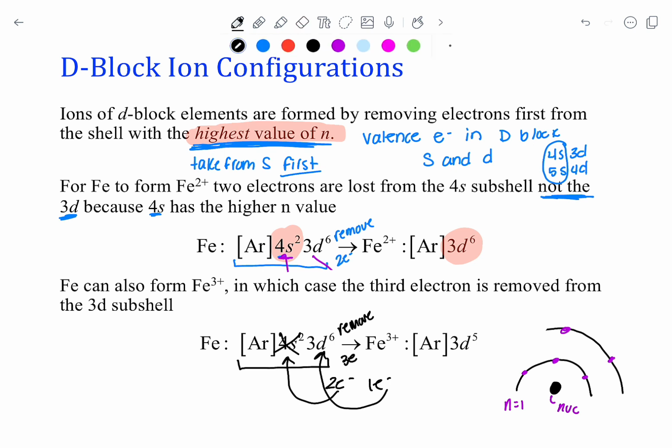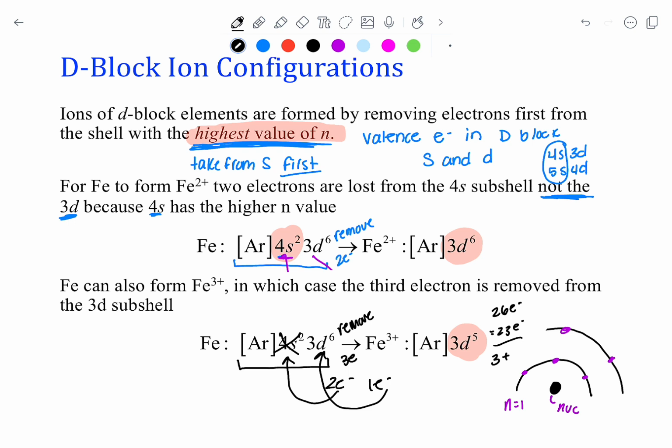So once you get rid of the electrons from the highest n, then you go to the next highest n, which would then be 3. So our final electron configuration for iron 3+ is then argon 3d5. So this still shows that we have 23 electrons, but iron has 26 electrons, so we have a 3+ charge.